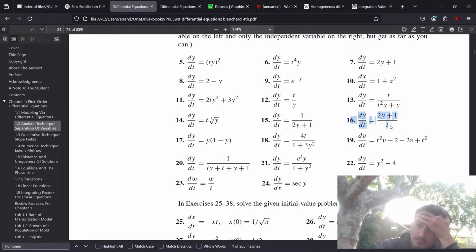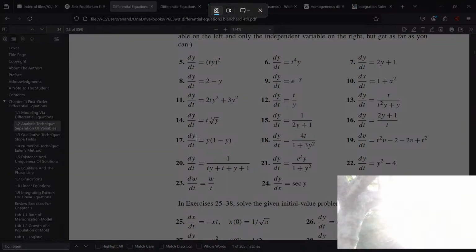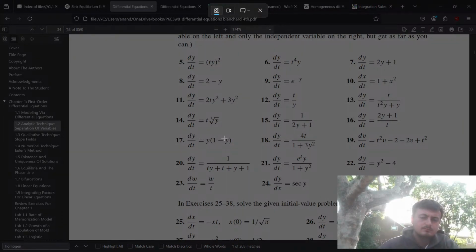Not that one. No, this one we can do. This one's easy. This one's pretty easy. This one's hard. How do you do that one? Well, actually, no. How do you do this one?